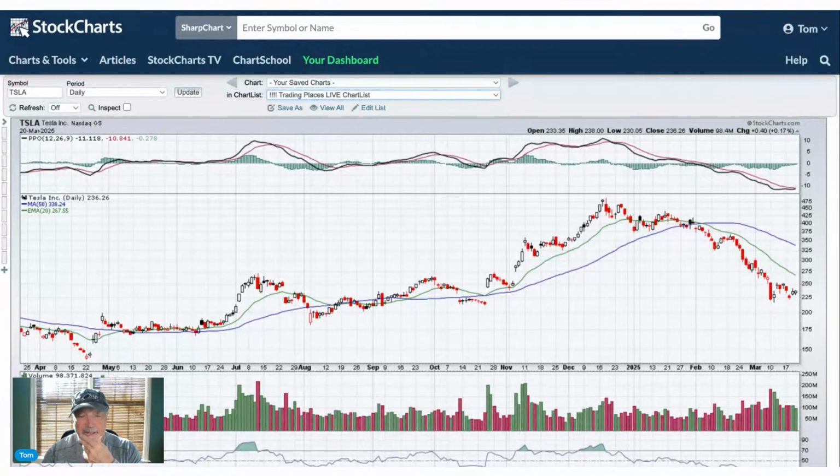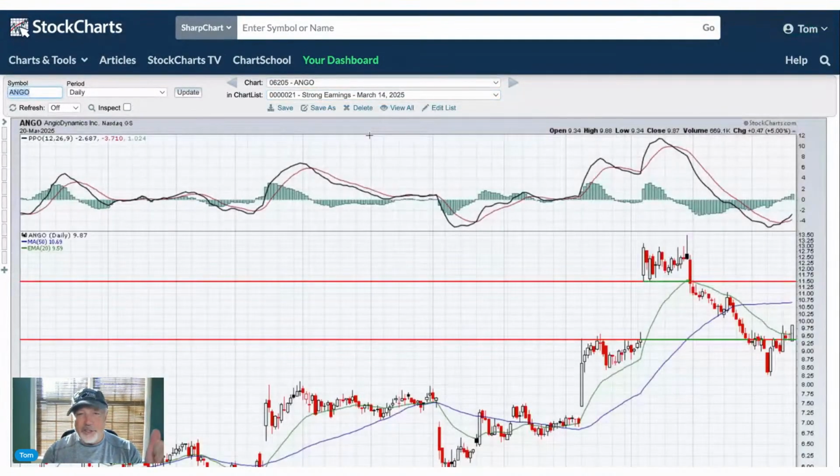I've already deleted them because we're not showing those anymore for the next month. But just assume that the strong earnings chart list was just showing all of the companies that will be reporting on those 2 days. Now, the beauty of it is the next day when the market opens, every company that reported earnings the night before and that morning is going to be on one chart list.